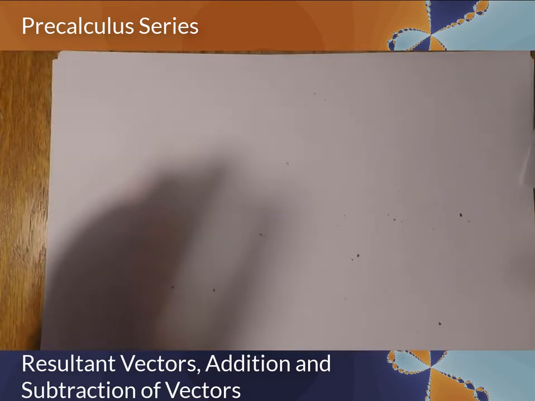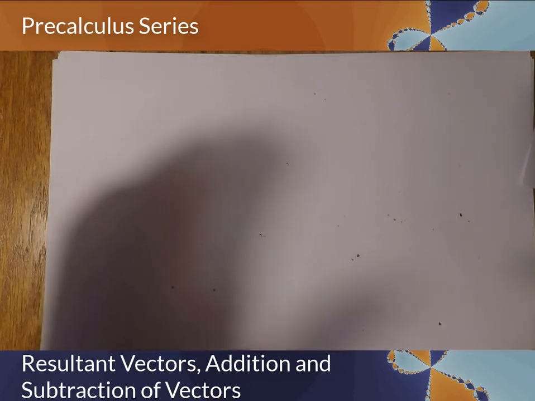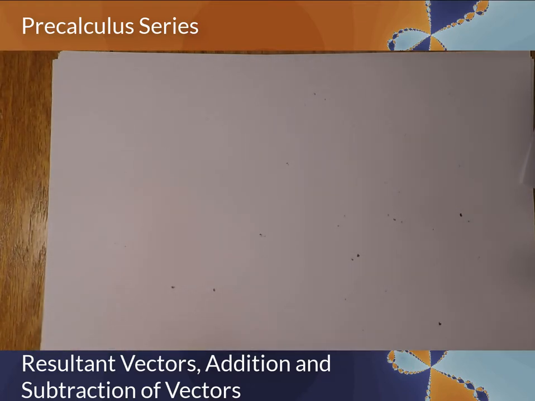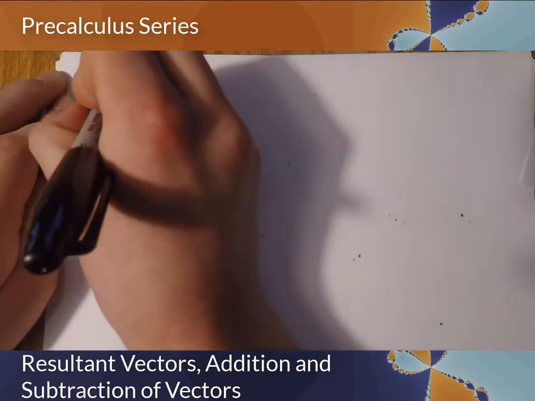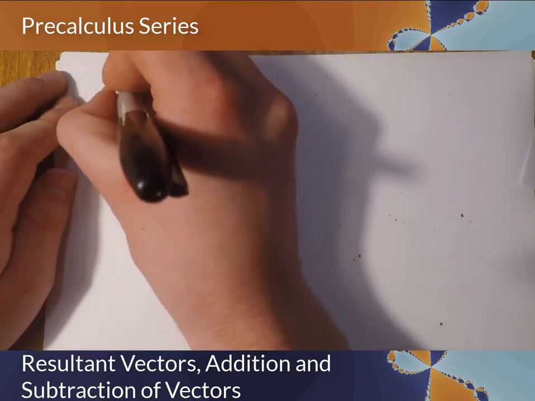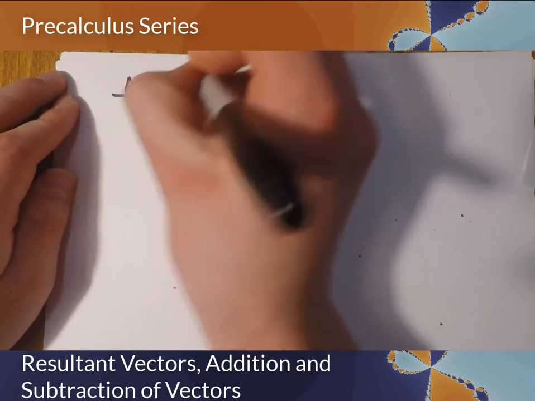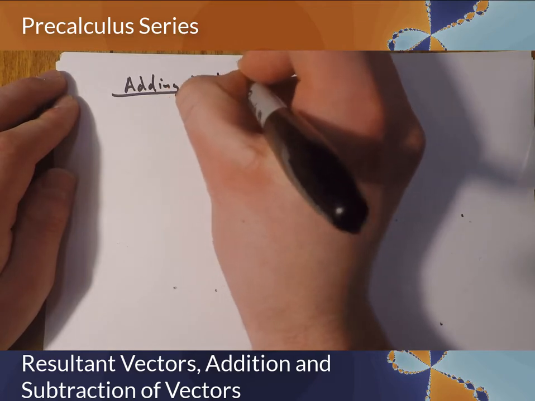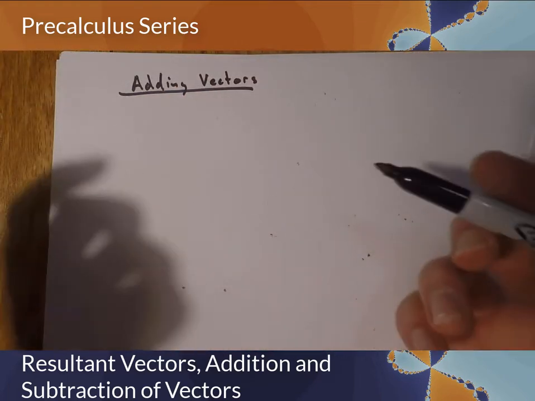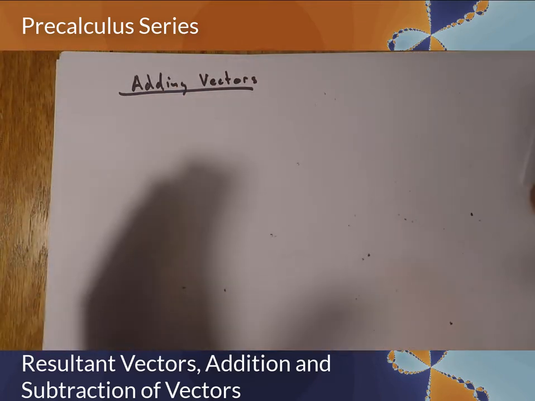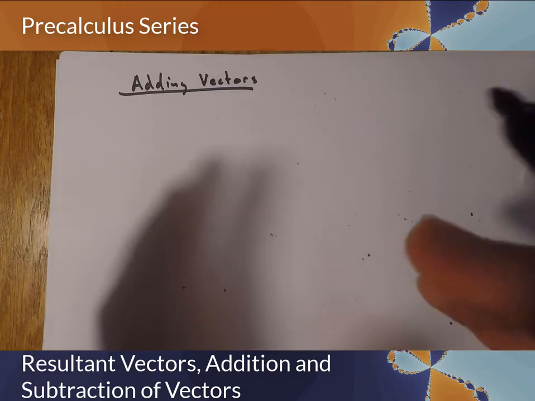So keeping that in mind, we're now going to talk about adding and subtracting vectors to get a resultant vector. Now that we know what a vector is, we can add them and subtract them. We're going to start with adding vectors. There are two ways that you can use to do this.